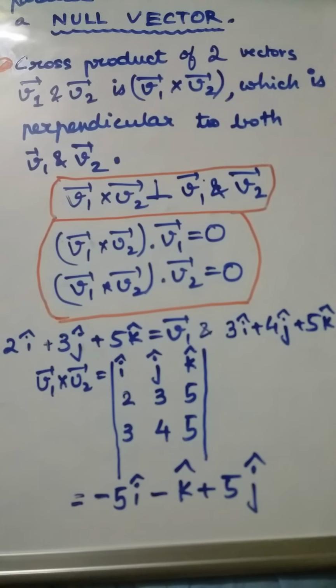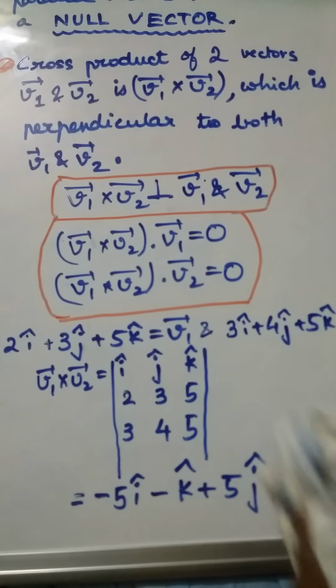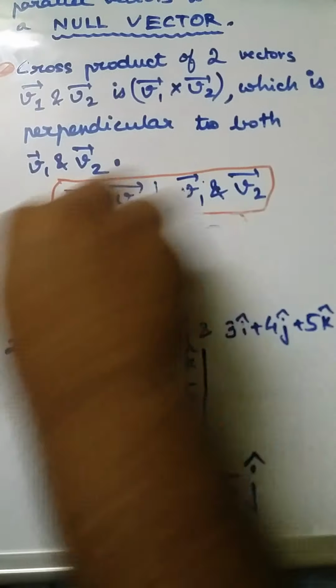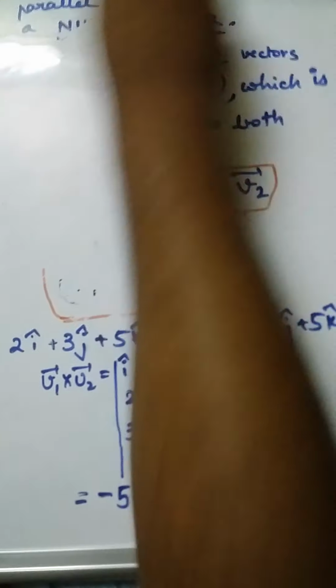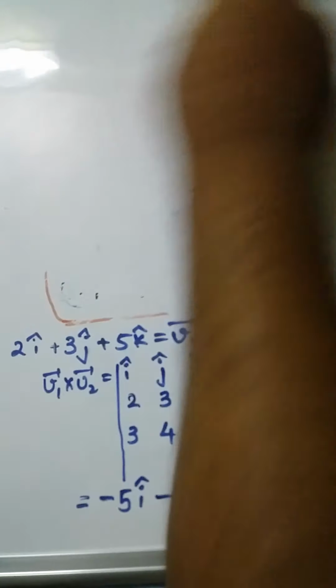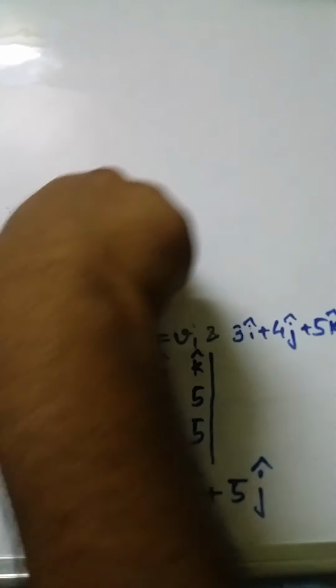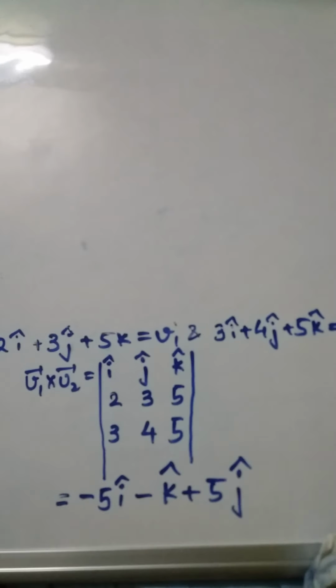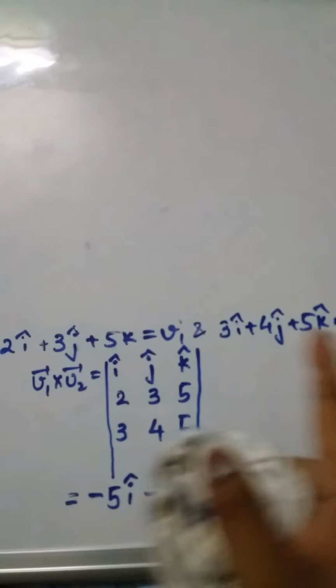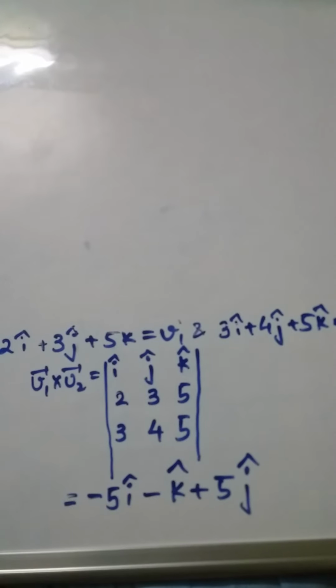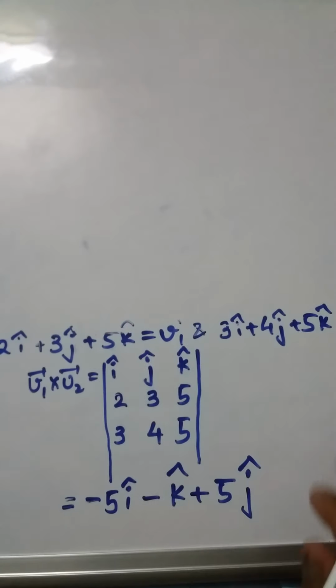So now let us do one more example, then it would be easier to understand. Now we are going to establish one more property of the cross product. If we do the cross product of these two vectors in the reverse order, let us see what we get.